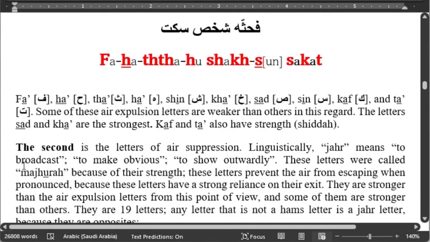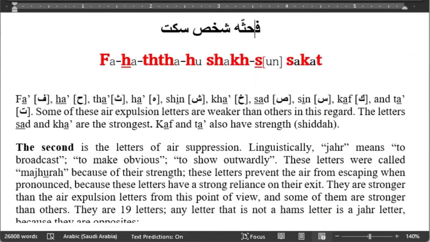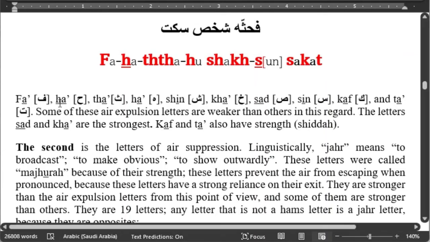So memorize that. فحثه شخص سكت. Fa, Ha, Tha, Ha, Shin, Kha, Sad, Sin, Kaf and Ta.